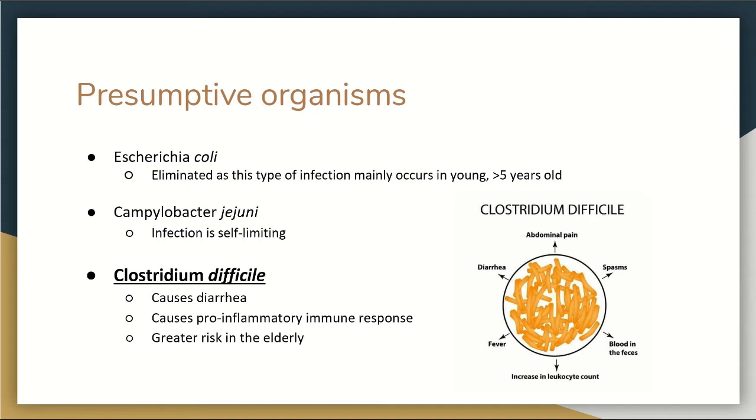C. difficile was also considered, as it fits the criteria of causing diarrhea, invoking a pro-inflammatory immune response as seen by the number of white blood cells in the stool sample, posing a greater risk to the elderly and being more common in people who frequently stay in hospitals or long-term care facilities such as nursing homes. C. difficile is also strongly linked with antibiotic-associated diarrhea. Some strains are toxicogenic and can cause inflammation of the colon, which may result in bloody diarrhea.